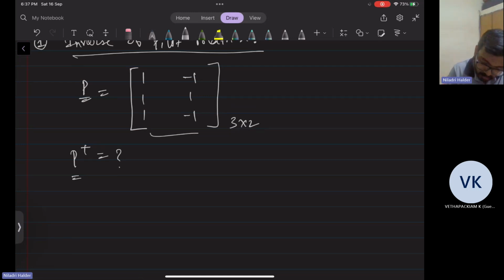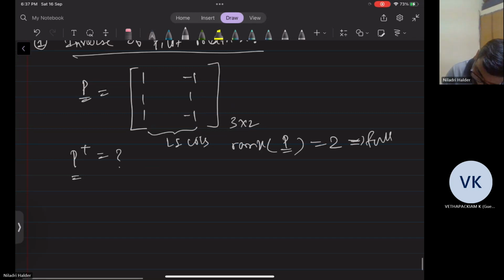That means these two columns are linearly independent. That means rank is full, that means rank of P is equal to 2 only, full rank.